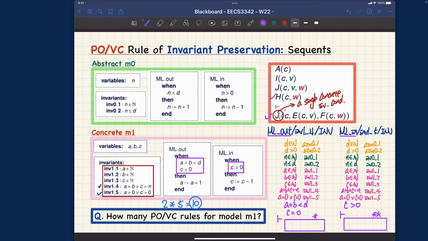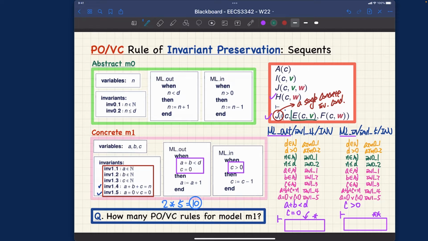You can also go back to the earlier part about the informal sketch for the invariant preservation. We actually said it should be the concrete invariant condition in the post states. Let's talk about this particular case over here. Of course, it really depends on the effects of the abstract events, the abstract version of ML out or ML in, depending on which one you're talking about. Let me also annotate this. That's also quite important.